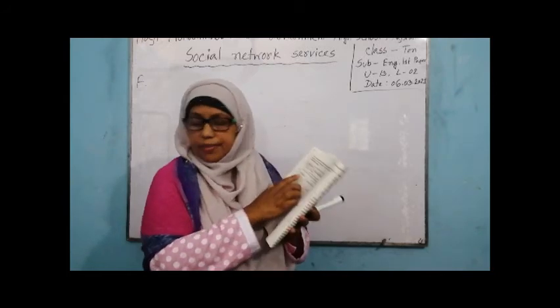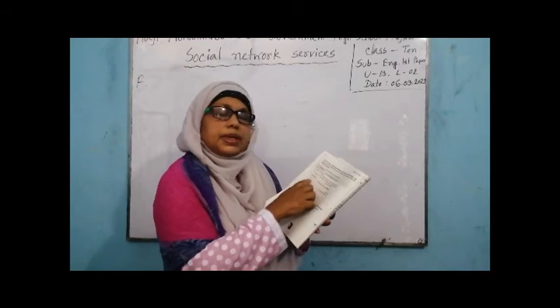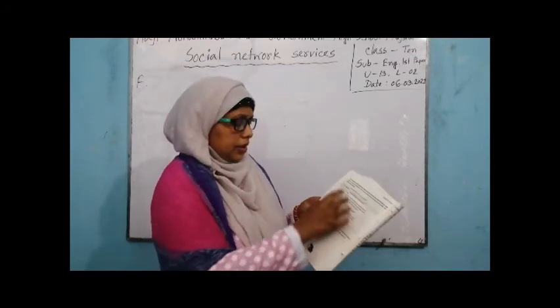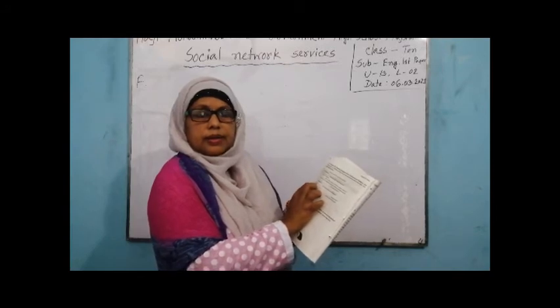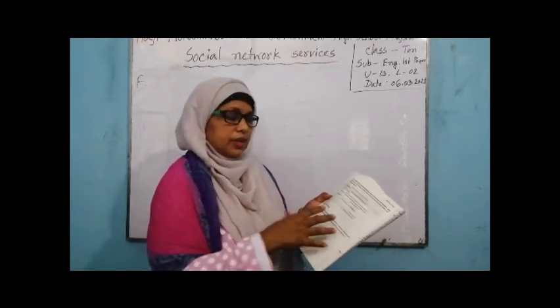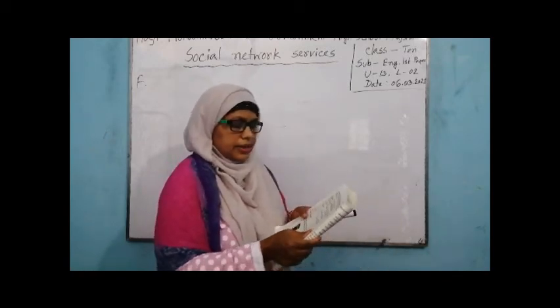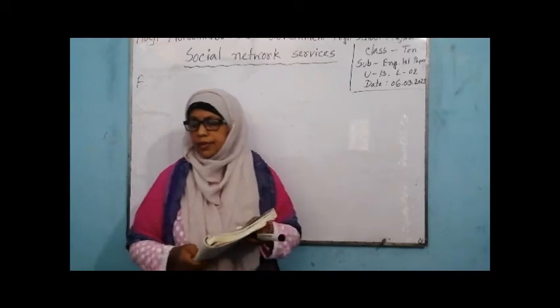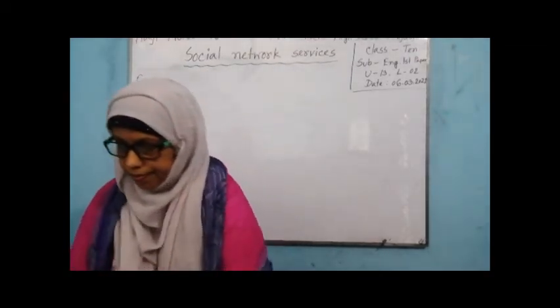So at first you have to read the table and complete the dialogue, 1, 2. And next you have to make other dialogues by using the other networks. And you will get 10 minutes. Okay, thank you, students.